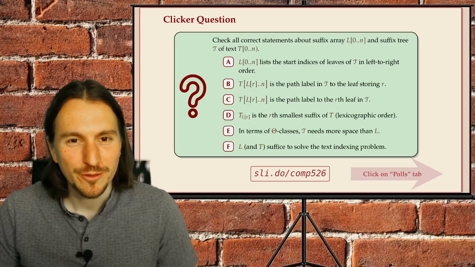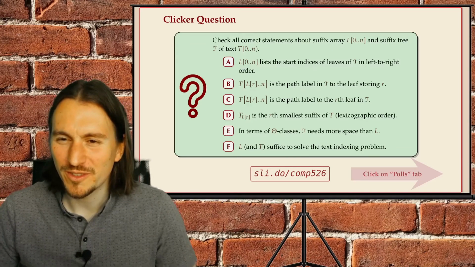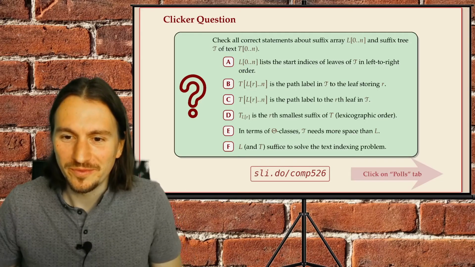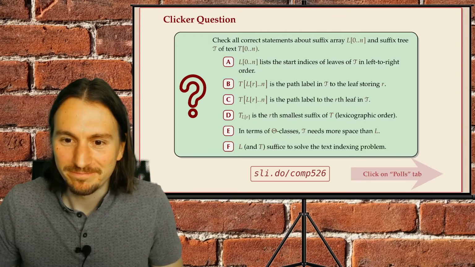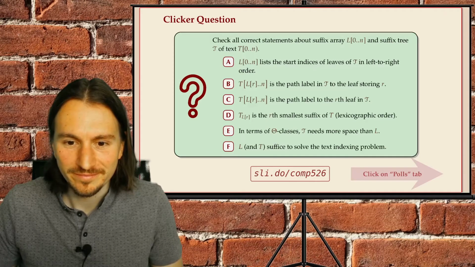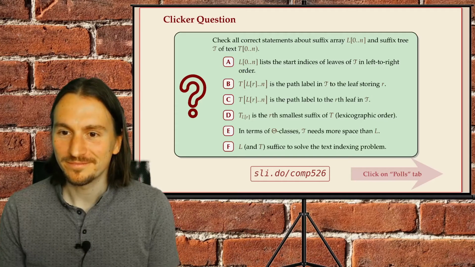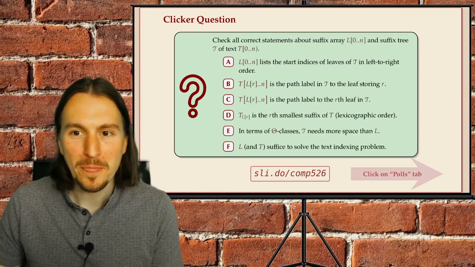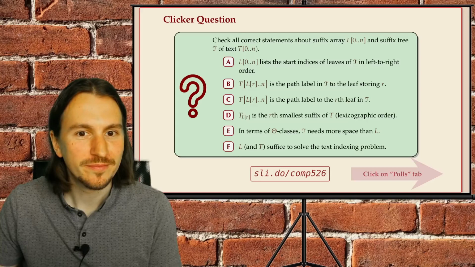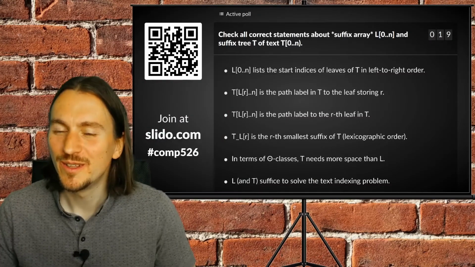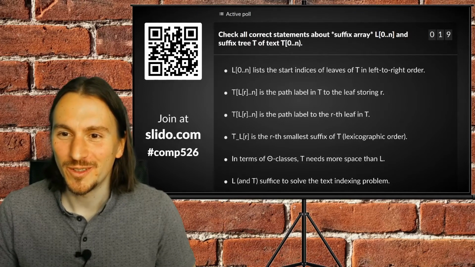I'll wait for the 25 answers again. I know these questions need a little extra time because it's a lot of text to read. I see 19. We could do a few more.